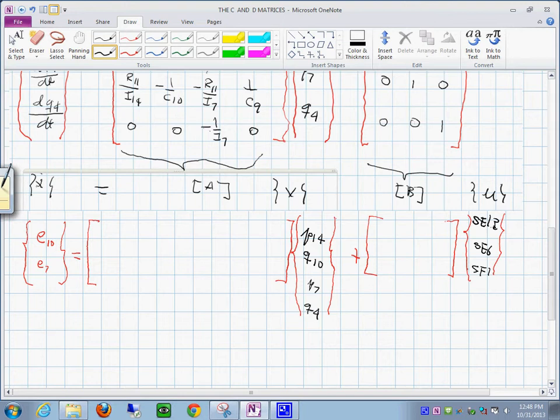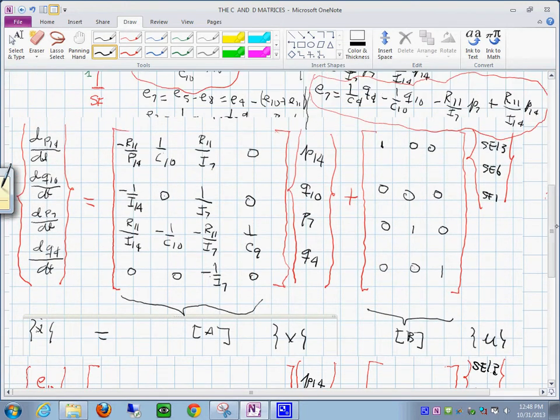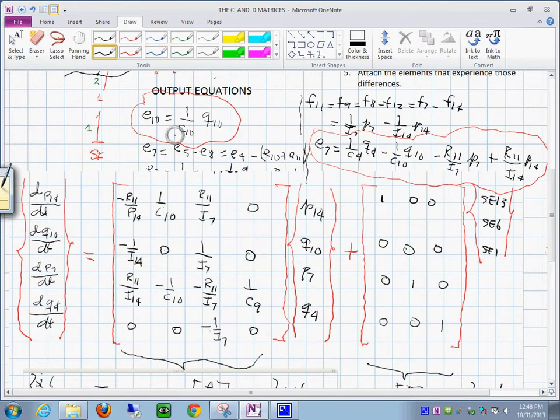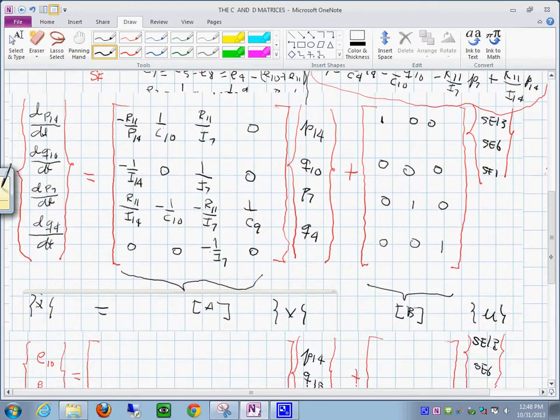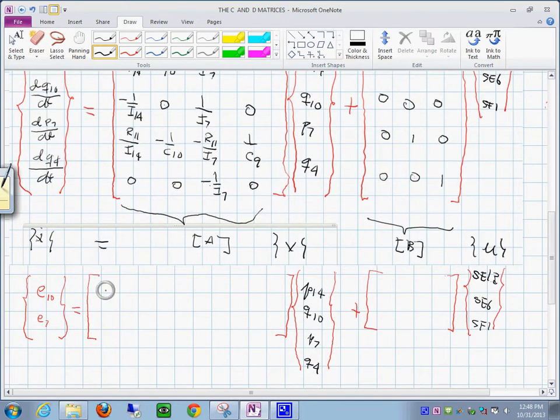Okay, very good. So now we have to concentrate on the equations to write them down. See over here, 1 over C sub 10 Q sub 10, that's all it is. So this is going to be 0 here. Q10 is with 1 over C sub 10, and the other two are going to be zeros. See?